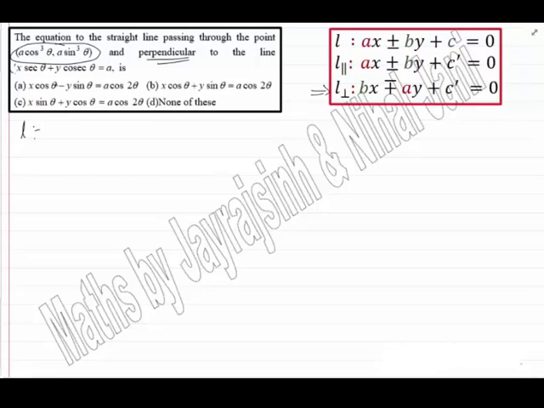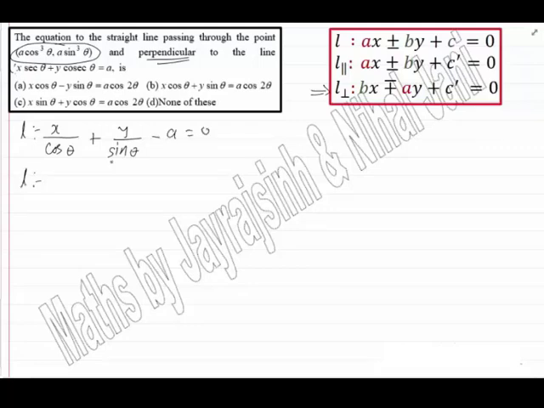Okay, but before I proceed the conventional way, I should simplify the equation of line in terms of sine and cos, because our answer is in terms of sine and cos, right?